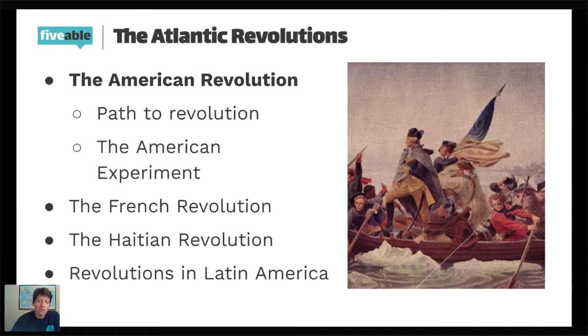Because remember, these ideas of the Enlightenment really saw that the power of government comes from the people, and the government should really be limited in what they can do. And that the most important thing was the protection of individual rights.